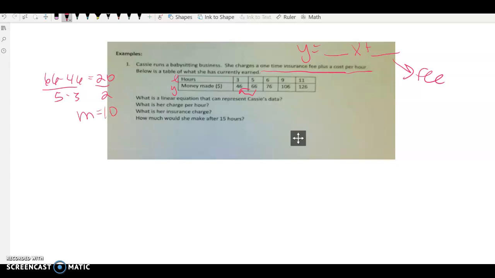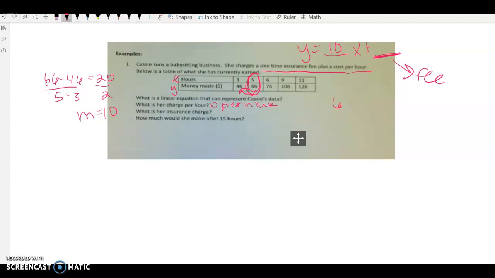Well, that's great, but now I need to find, that means she charges $10 an hour, right? $10 per hour. Now I need to find my y-intercept. Multiple ways I can do that. I'm going to plug in 5 and 66 into my slope-intercept form to solve for my variable. So I know 5 is my x, 66 is my y.